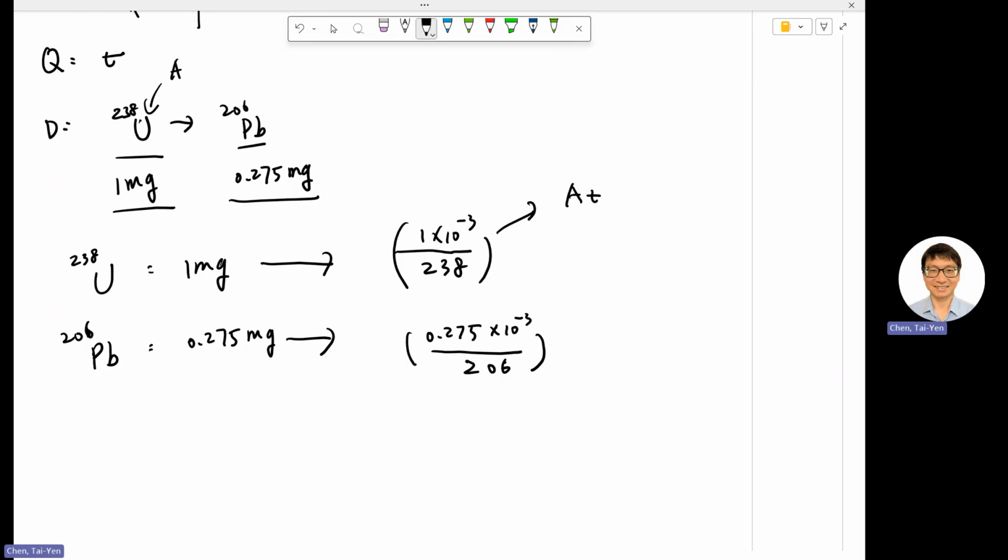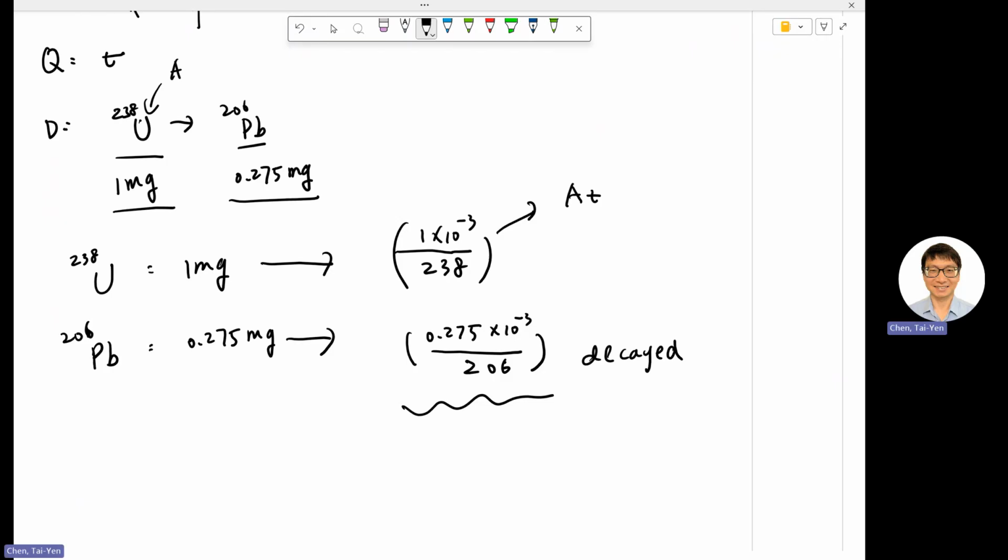How do you calculate your A0? Because the decay is always 1 to 1. The AT is the remaining one. They are the ones that are not decayed. Right? The PB is what? PB is the decayed product. And originally, you have that much. You have this much that got decayed. So how do you calculate the original total number of your U?